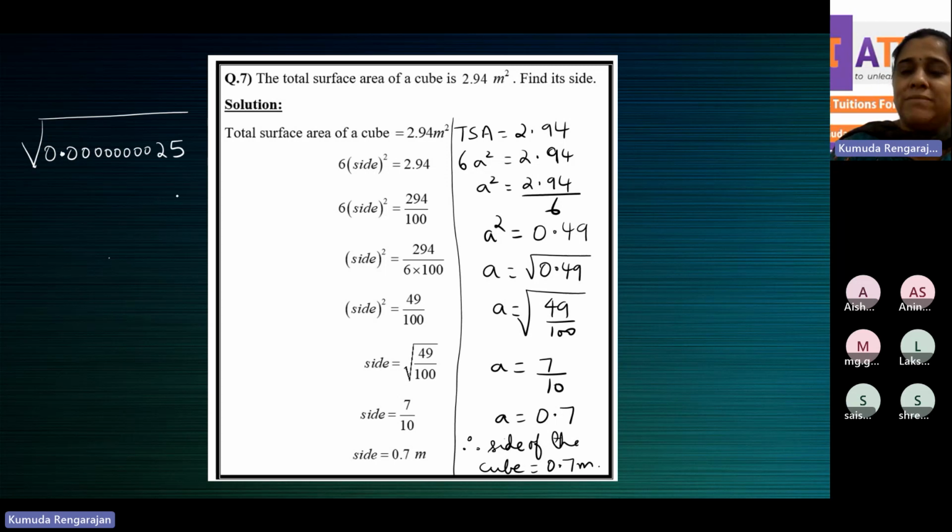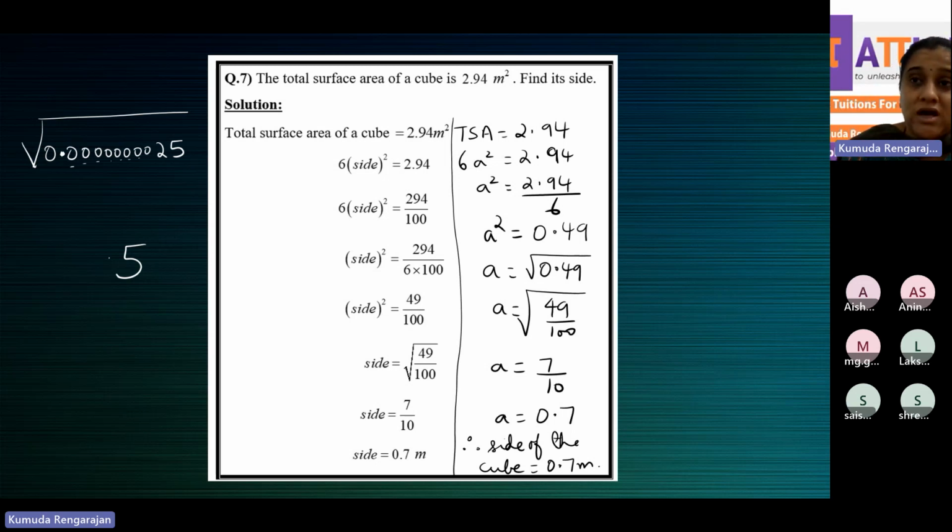Read the number without the decimal point. It's 25. So 25 is the number. What is the square root of 25? 5. And in the number, after the decimal point, how many digits are there? 1, 2, 3, 4, 5, 6, 7, 8, 9, 10 digits. After the decimal point, there are 10 digits.